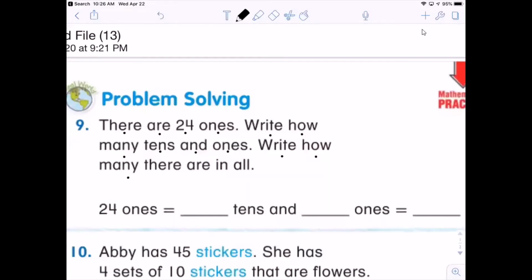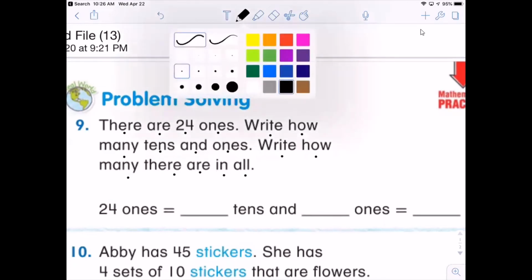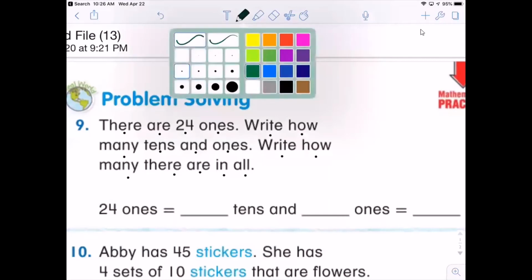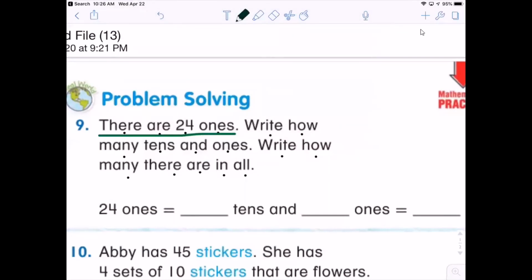There are in all, okay? And you don't have this paper. We're just working on it together, okay? Now, there are 24 ones, so that is important information, yes or no? Okay. I have 24 ones.